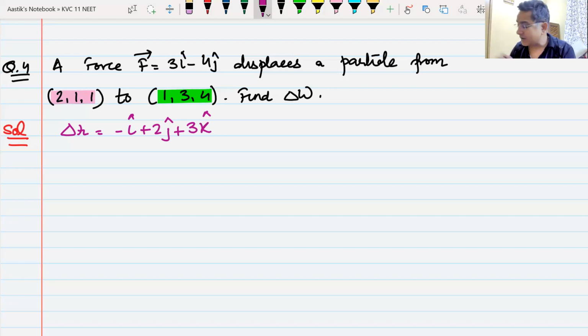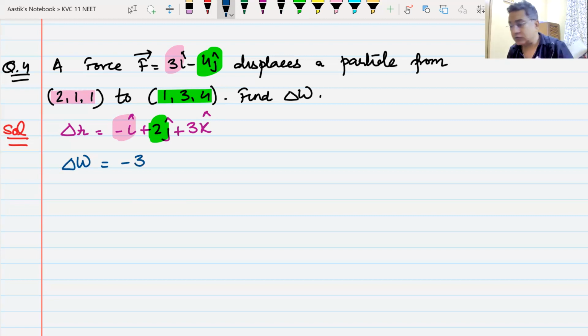Then I will have to find out the dot product. This will get dotted with this, and this will get dotted with this. So minus 1 dot with 3 becomes minus 3. So the work done is minus 3, and 2 dot with minus 4 becomes minus 8.